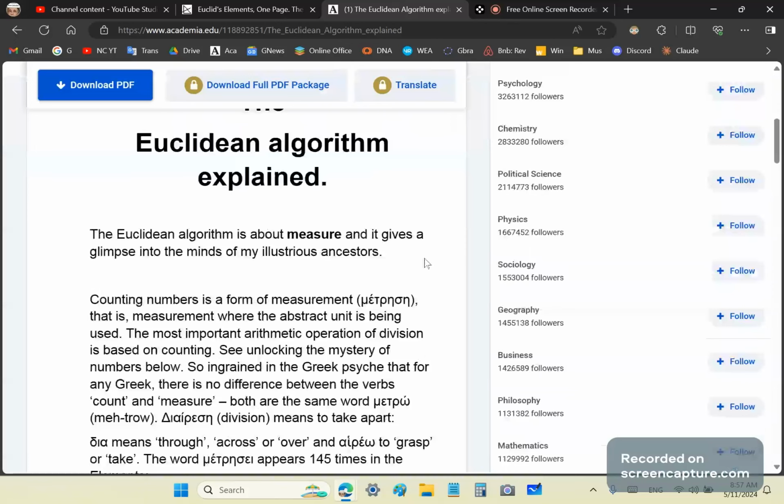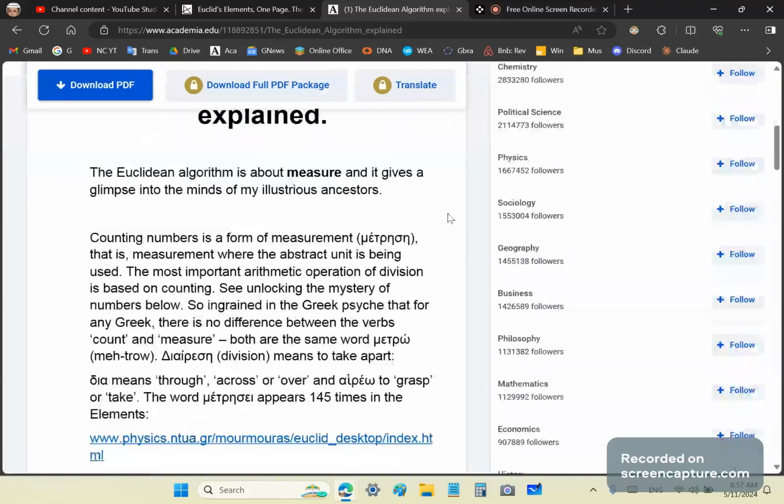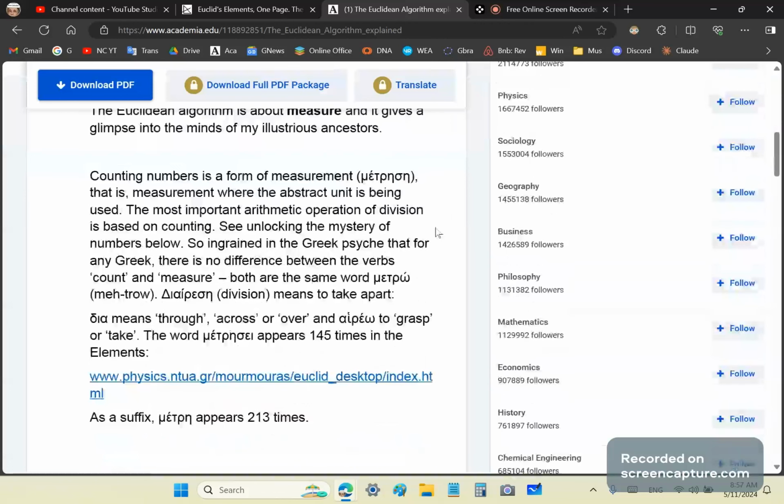Now, this algorithm is normally encountered by most people, and at first sight, it intimidates them because they do not understand. The Euclidean algorithm is about measure, okay? Nothing else. And of course, measure, division, let me start again. The arithmetic operation of division is a form of counting, okay?